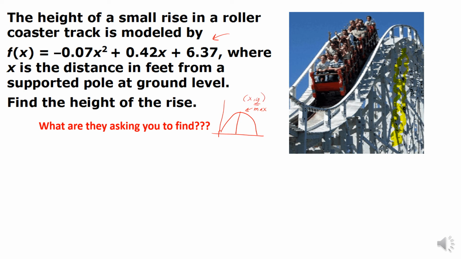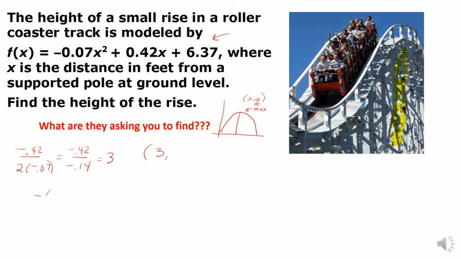So the first thing I'm going to do is find my axis of symmetry. So I'm going to go -0.42 over 2 times -0.07, and that equals -0.42 over -0.14, which equals 3, which is nice. So that means my axis of symmetry is 3. And now I'm going to plug that into this equation.